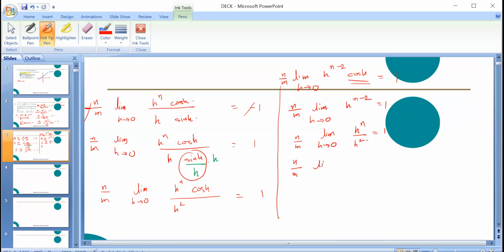N by m limit of apply L'Hopital's rule, n h power n minus 1 by 2h equal to 1. Apply L'Hopital's rule again. N into n minus 1 h power n minus 2 by 2 equal to 1. So n minus 2 must be 0 for the limit to be 1. N must be equal to 2.